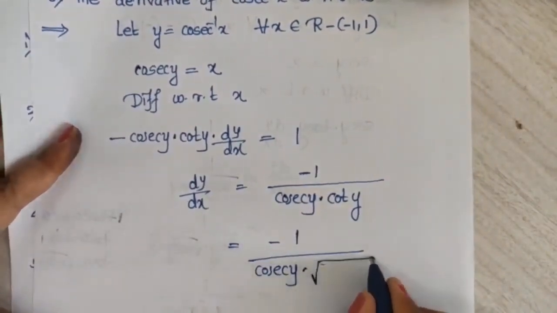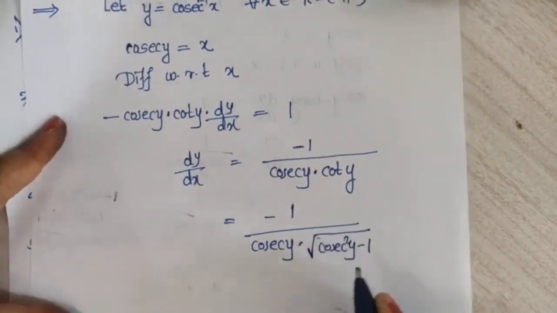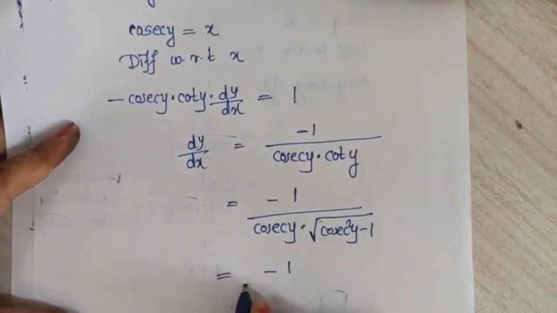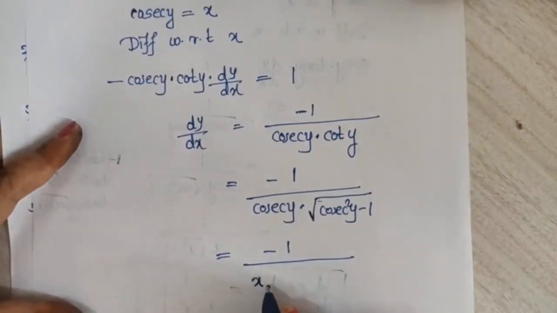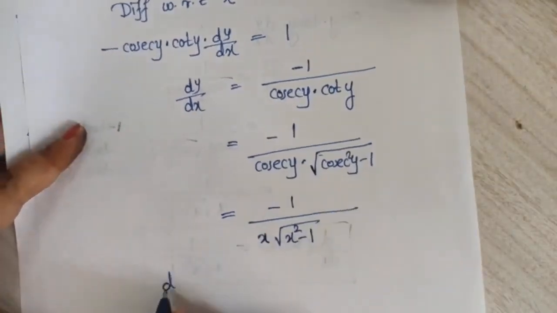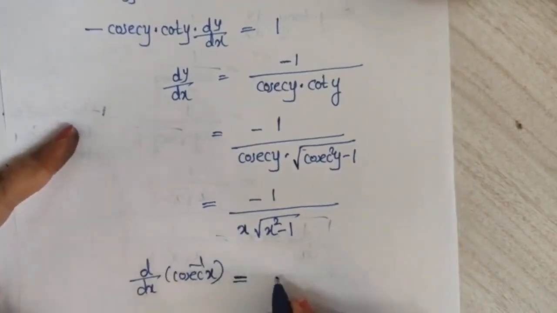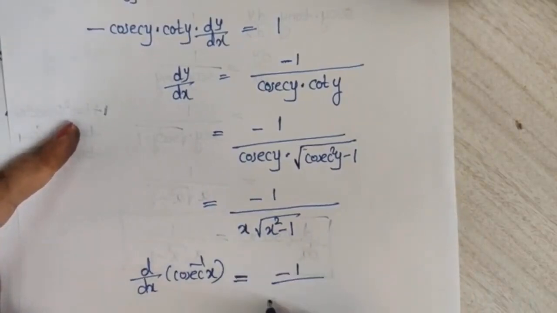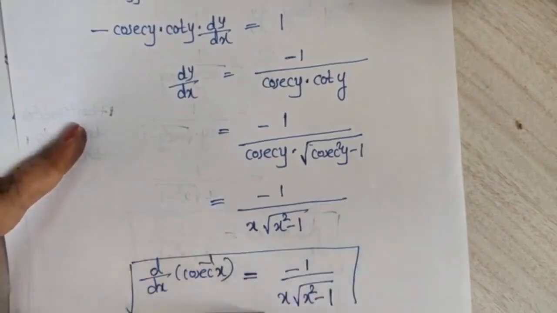This is nothing but root of cosec square y minus 1. So now minus 1 divided by, what is cosec y? We have x, so we will get x into root of x square minus 1. This is the differentiation of cosec inverse x. So I'll write d by dx of cosec inverse x is minus 1 divided by x into root of x square minus 1. This is the sixth formula you should remember.